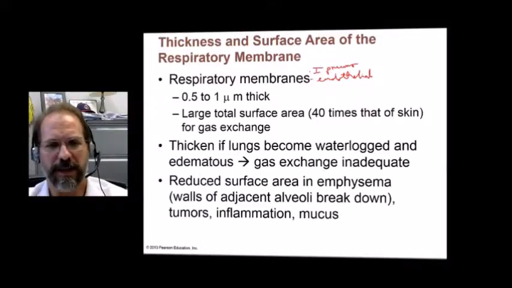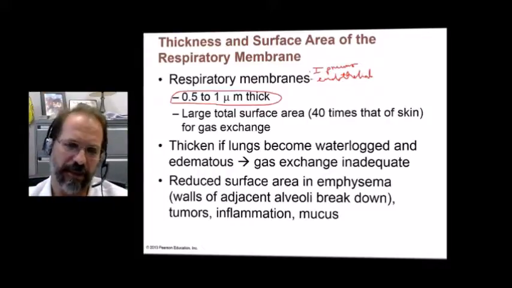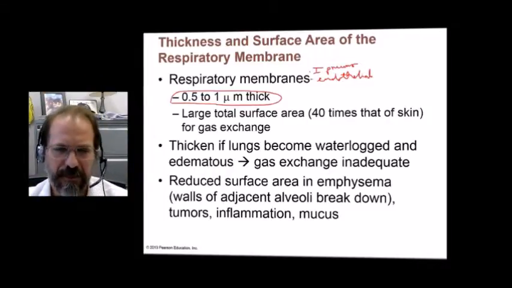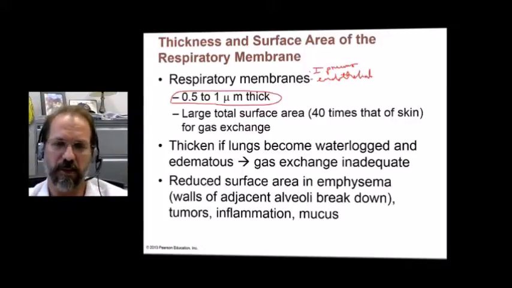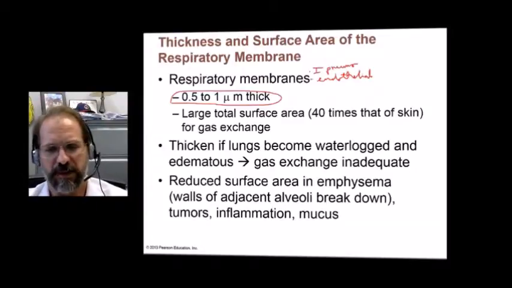That's what a respiratory membrane is. It's very, very thin. It's less than a micrometer thick. That's to allow for very rapid gas exchange. If this becomes thickened as a result of disease, like pulmonary fibrosis or pneumonia or cystic fibrosis or even influenza, infiltration of mucus and fluid into that area, then gas exchange is impeded, because gas exchange is a diffusion process.